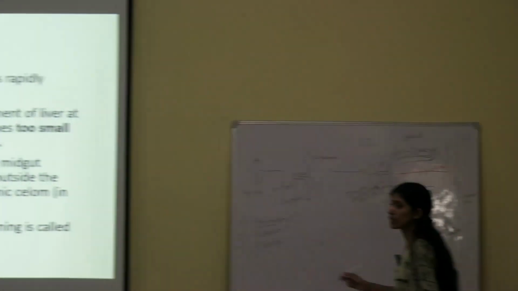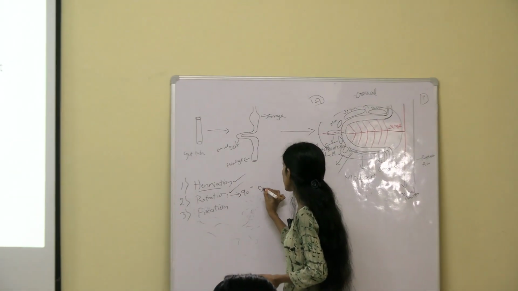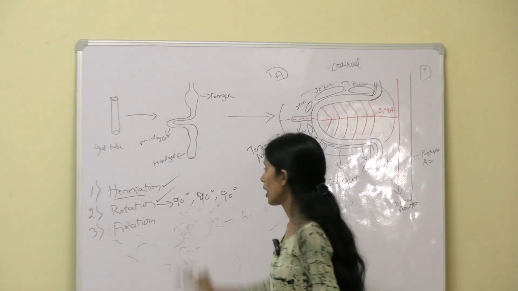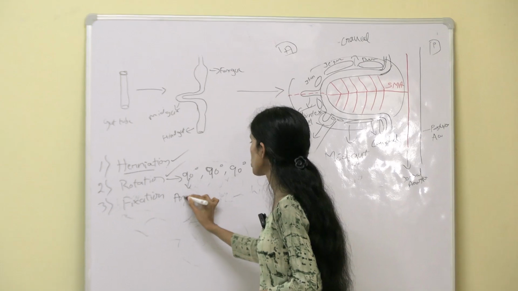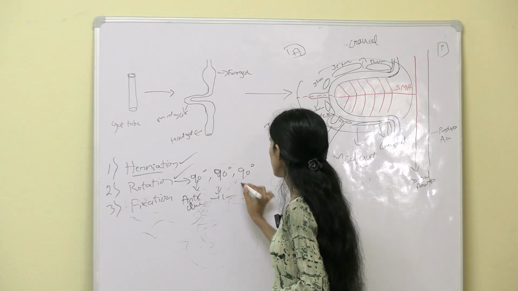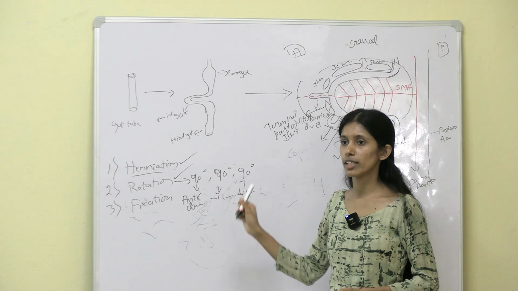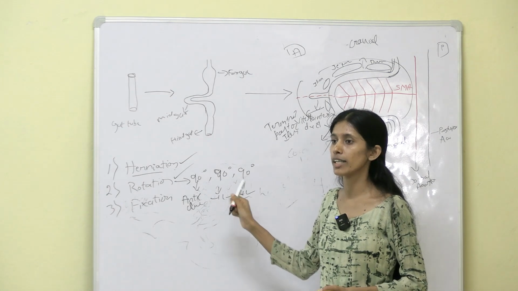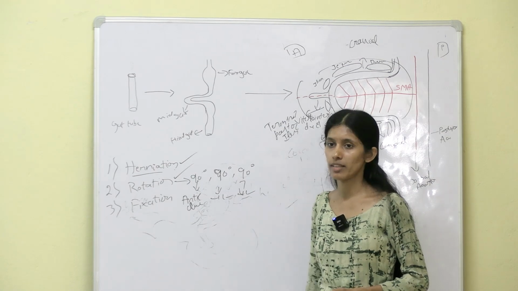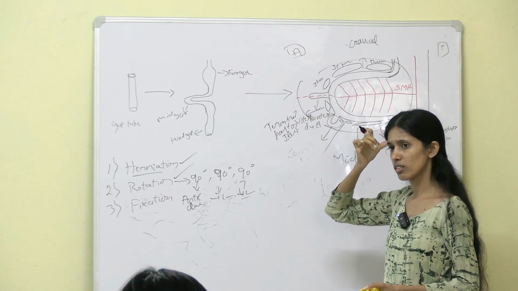Okay. In the midgut, we will see 3 rotations. All the 3 rotations are 90-degree rotations. And all the 90-degree rotations take place in the anti-clockwise direction.